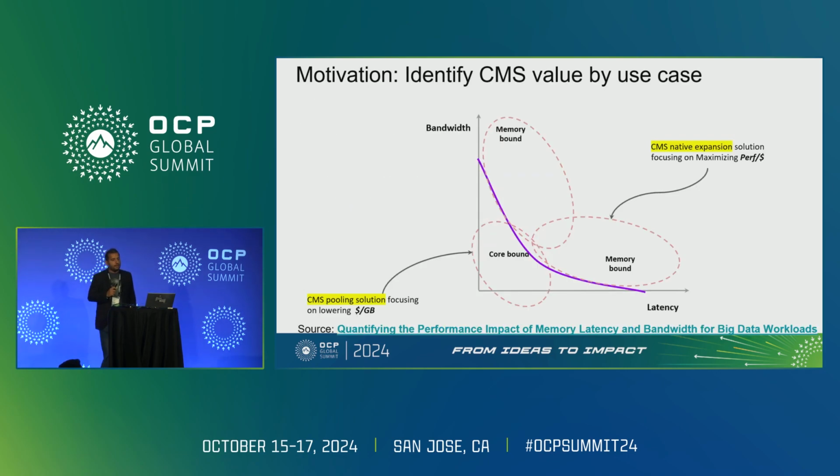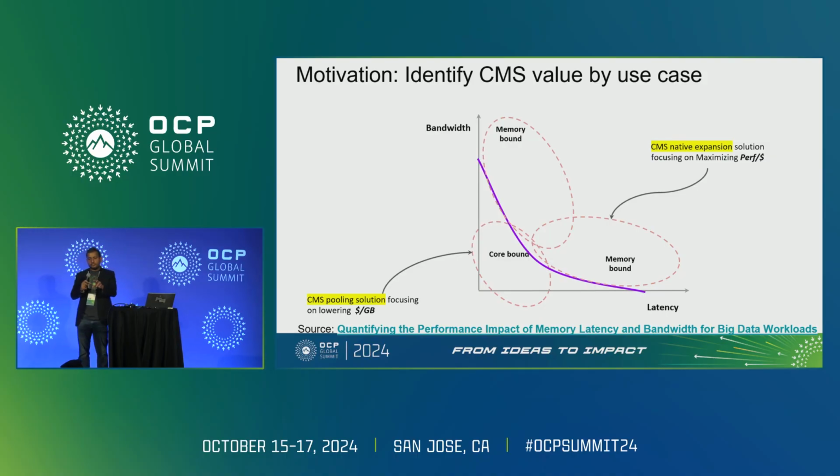Okay, so when we started working on evaluation of workloads using composable memory systems or CXL memory, we realized that there are different types of workloads and they might fall into different categories. They could be compute bound or memory bound, and within memory bound as well, they could be constrained by memory latency or memory bandwidth.